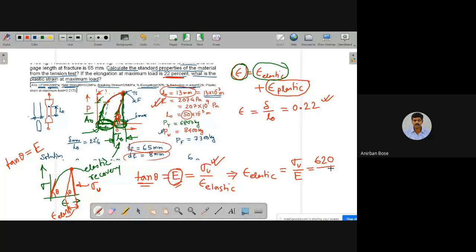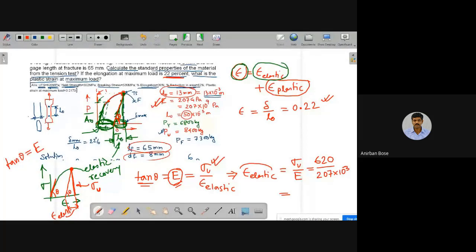That is sufficient, 620, divided by the modulus of elasticity value given, 207 gigapascal. Remember this one is in megapascal, so this is in gigapascal, so 207 into 10 to the power 3. Just do that calculation and hopefully you will get the answer.